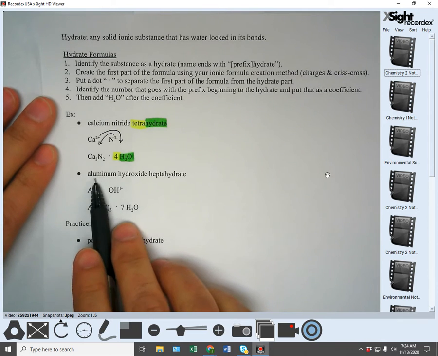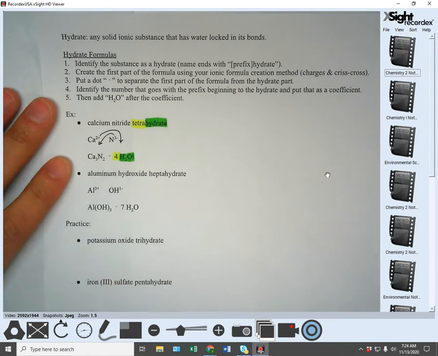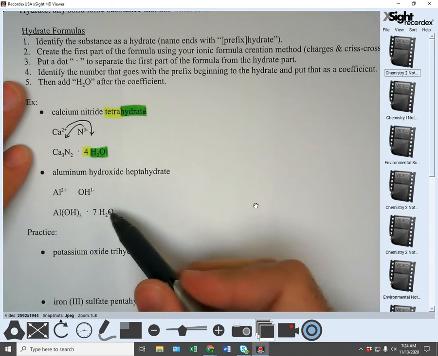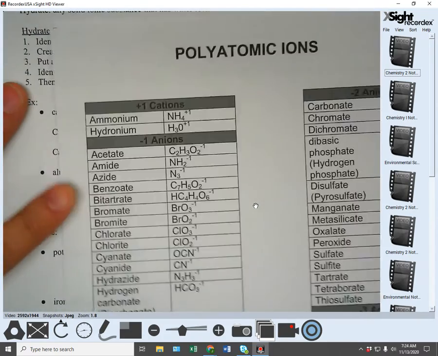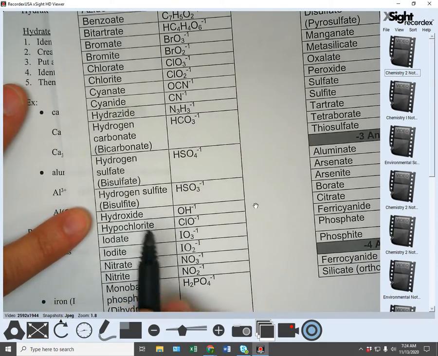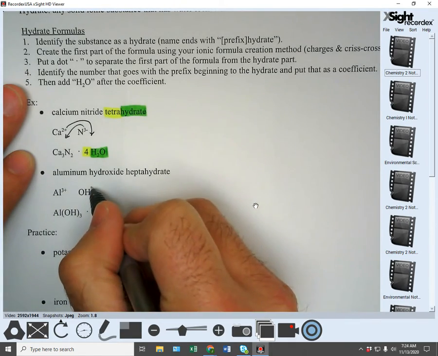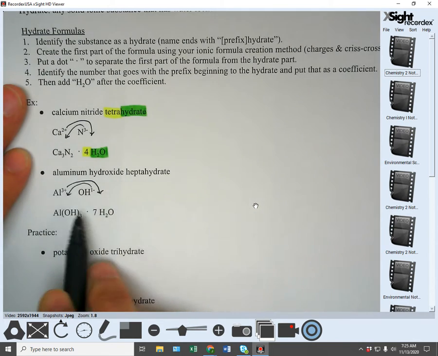So, aluminum hydroxide heptahydrate. Look on the periodic table. Aluminum is a 3+. Hydroxide is a polyatomic, right? So hydroxide, you find on here, OH -1. Okay, we cross down, keeping in mind that since hydroxide is a polyatomic, we want to say we have 3 of these whole things.